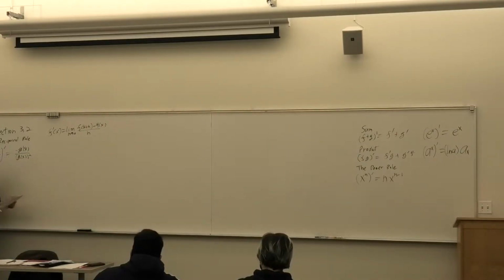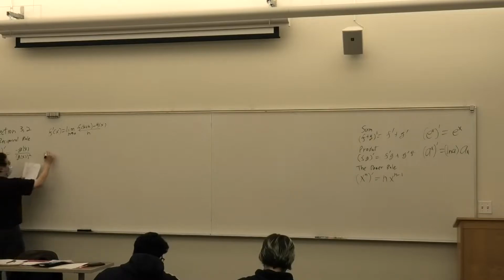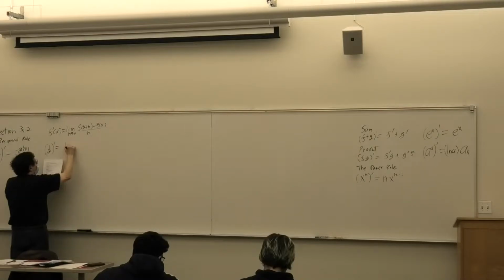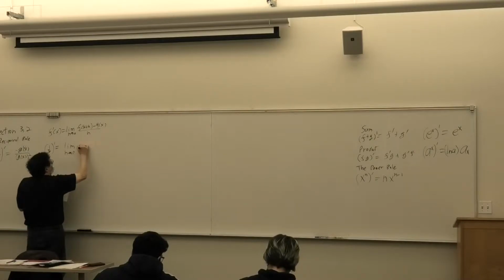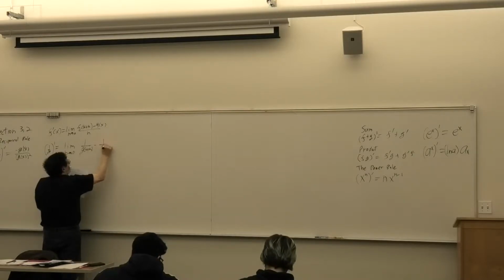It's the definition of our derivative. So how does that work here? The derivative of 1 over g will be the limit as h approaches 0 of 1 over g of x plus h, minus 1 over g of x, all over h.